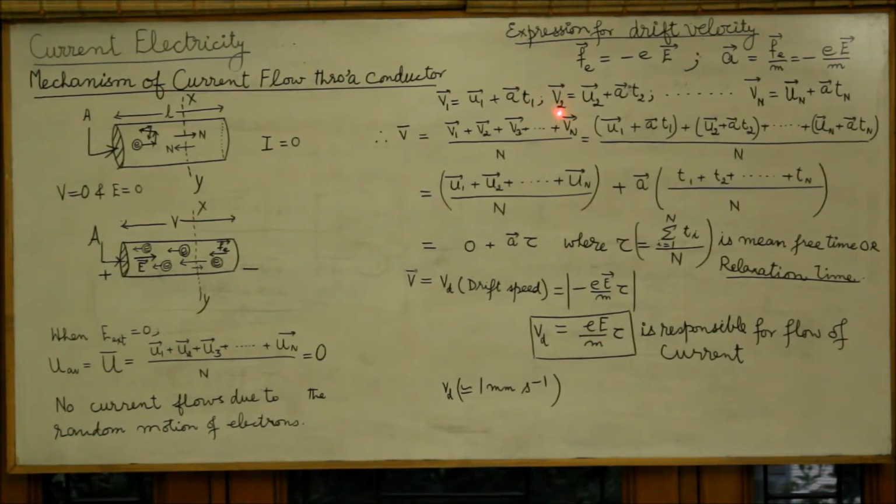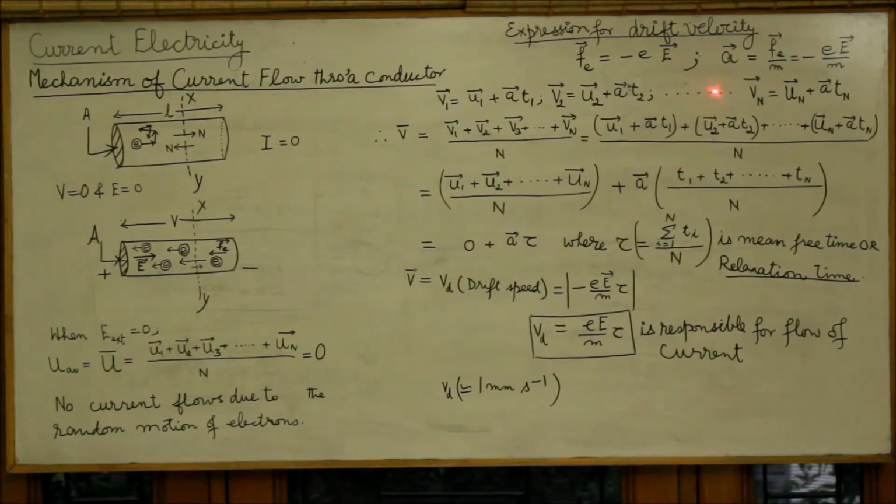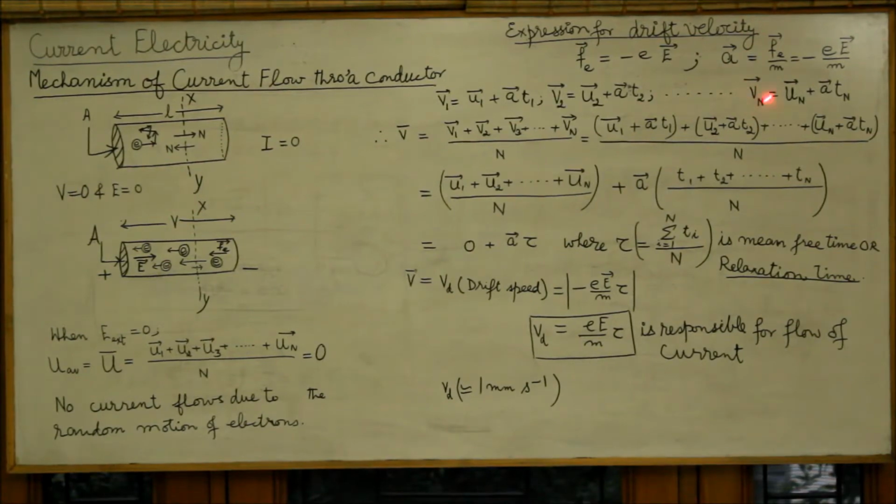Similarly, for other electrons, V2 is equal to U2 plus a T2, V3 equal to U3 plus a T3 and so on, and Vn for the nth electron, Un plus a Tn.